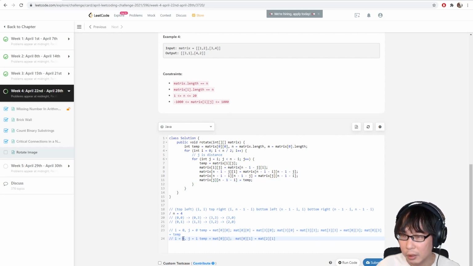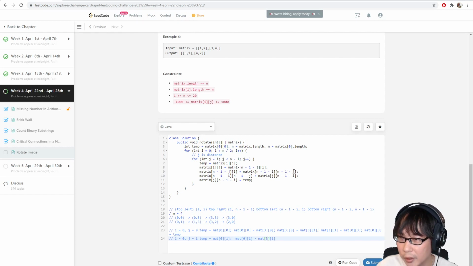How about the second one? So the second one is start from temp is 0, 1, and 0, 1 is matrix. This is still 0, so it's still 4 minus 1, which is 3. And minus J, which is I, which is 1.